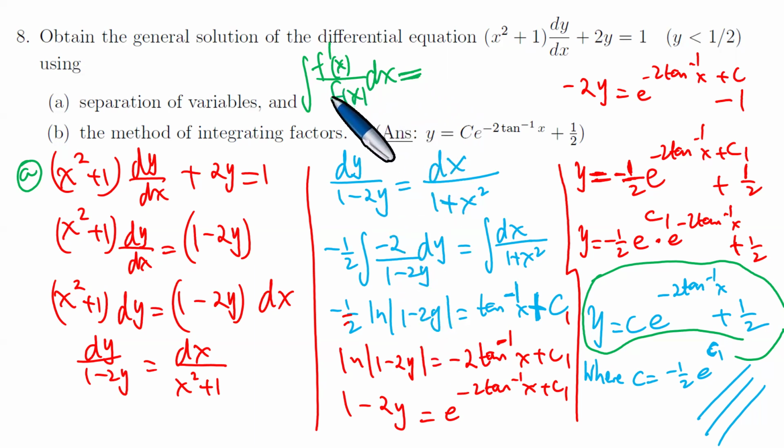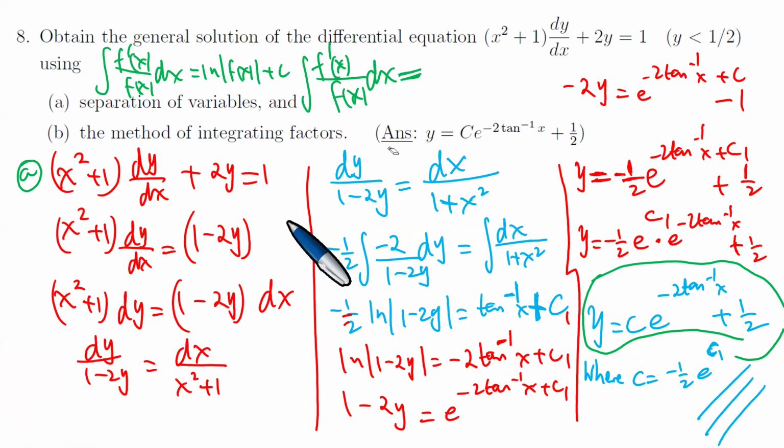So when you use the formula, when you have this one here, f prime of x over f of x dx, there's a function whose derivative is in the numerator, and the answer becomes the ln of the denominator plus c.